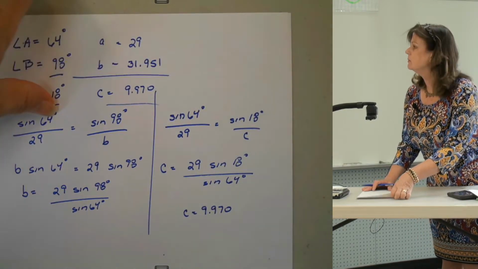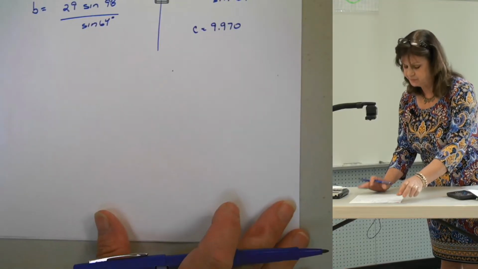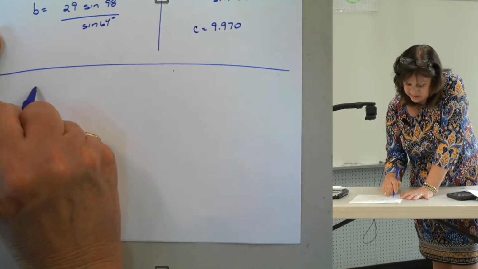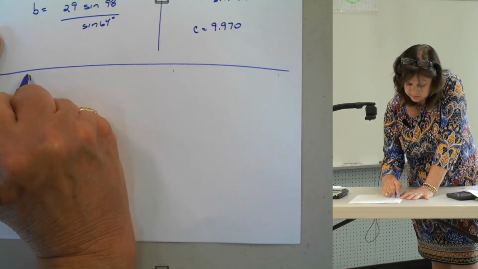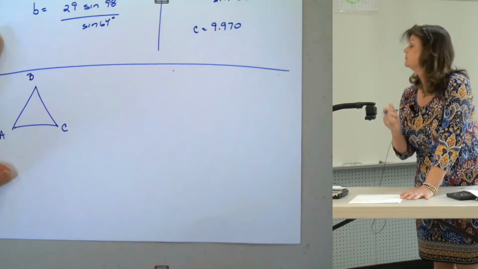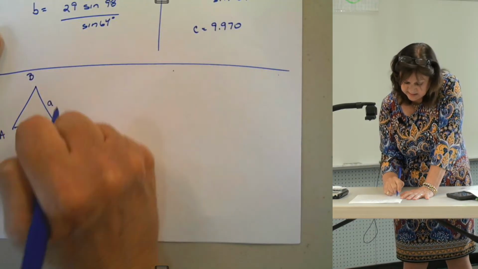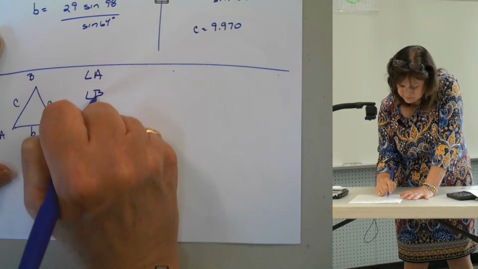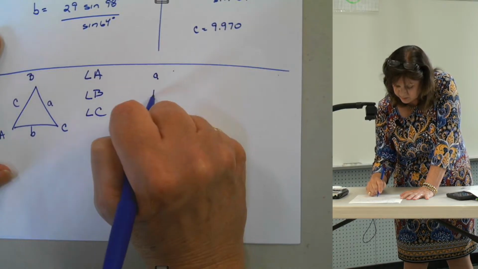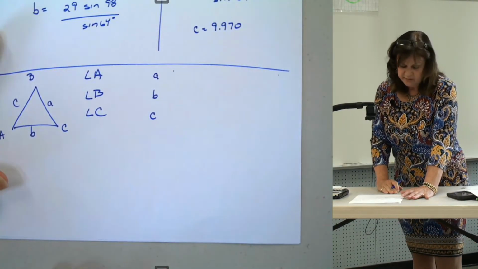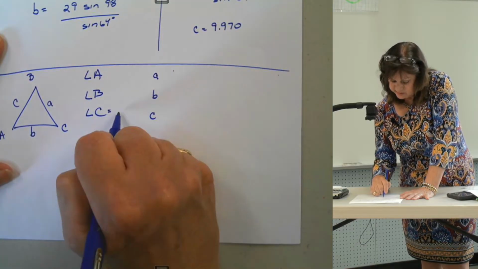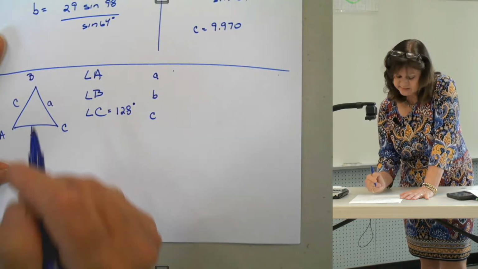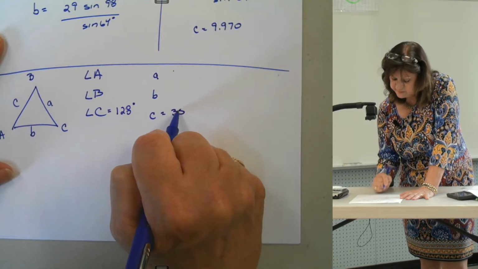Okay, let me throw this problem up here for you, and you may want to think through this one. We've got triangle ABC, as always. I've got side A, side B, and side C. We're told that angle C is 128 degrees and side C is 35.